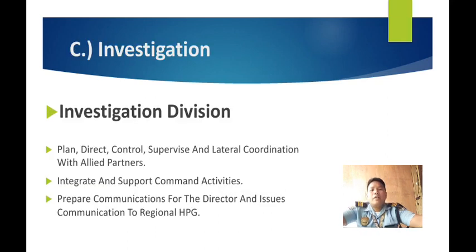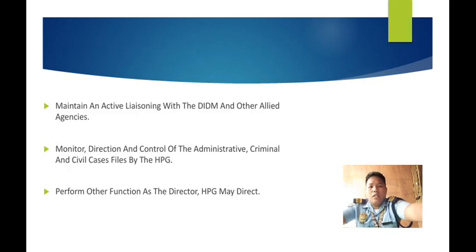C. We have here the investigation. Investigation Division having the content of plan, direct, control, supervise, and lateral coordination with allied partners. Integrate and support command activities. Prepare communication for the director and issue communication to regional HPG.